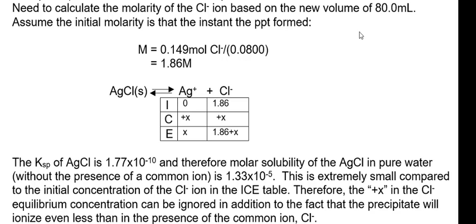And we could assume that the molarity of chloride at equilibrium is 1.86 because the amount of silver that would form from equilibrium is going to be very small for a couple of reasons. Number one, the solubility of silver chloride is extremely small, but also look what's going on. We have chloride ion remaining at high concentration, a common ion.